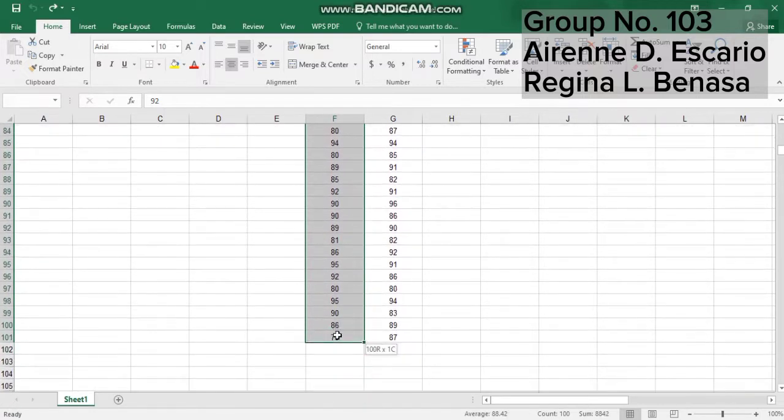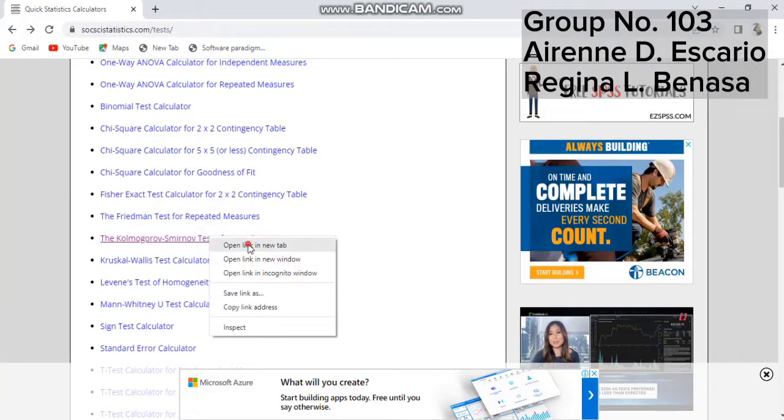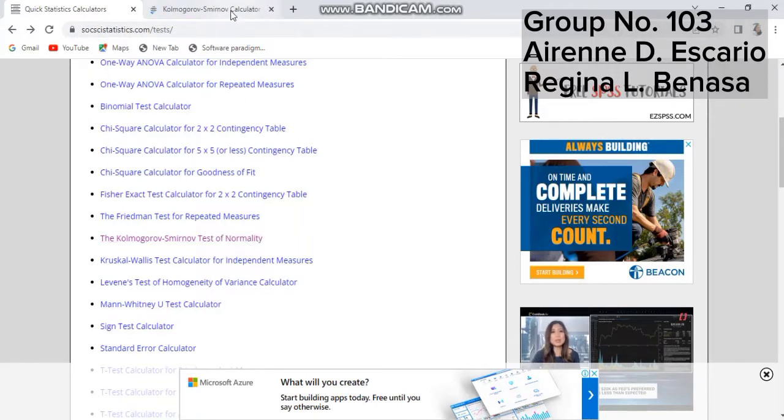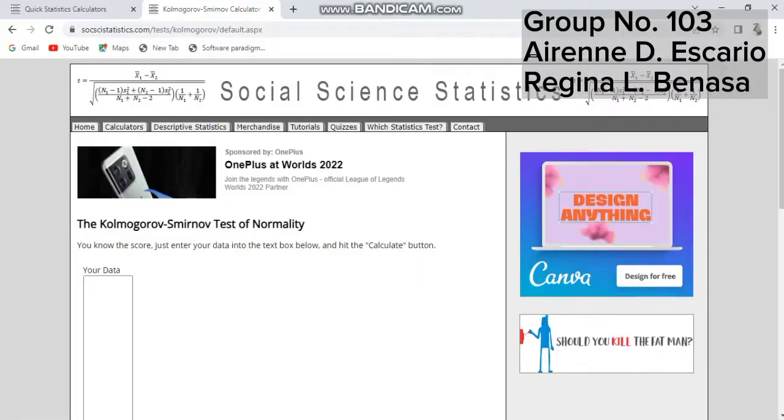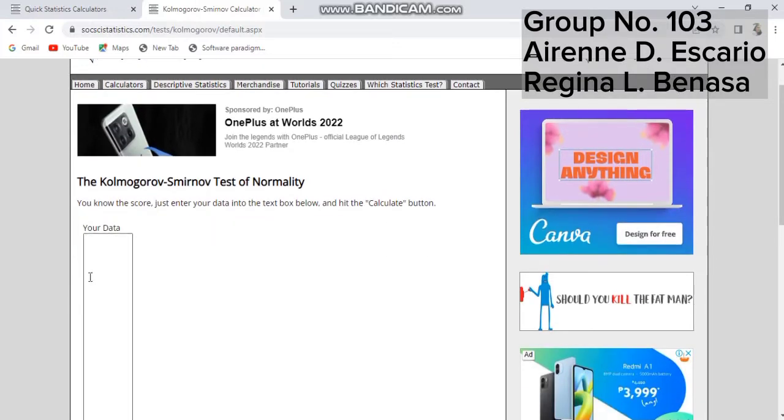The requirement for the t-test calculator for two independent means is that our data should be normally distributed. We will use the Kolmogorov-Smirnov test of normality to verify if our data is normally distributed or not.